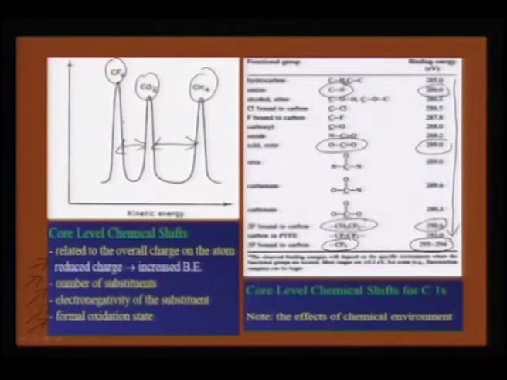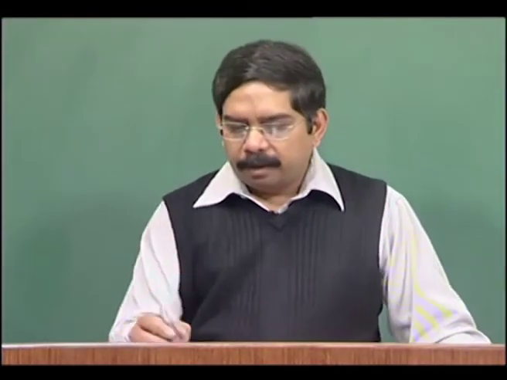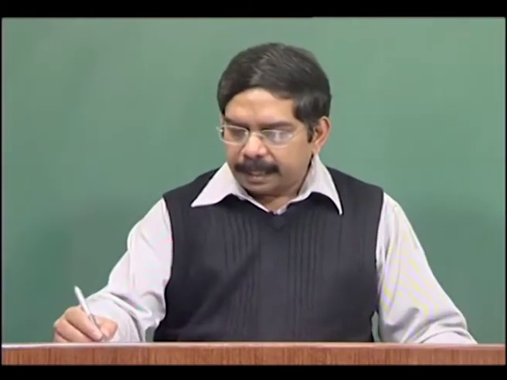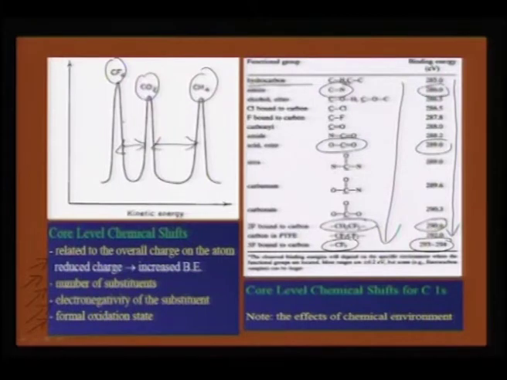So, this can become a very useful tool, because as I told you, carbon 1s at 285 is a very good calibrant, which is the hydrocarbon. Compared to that, for any other functional groups, you can easily pick out selectively which particular carbon atom is there.